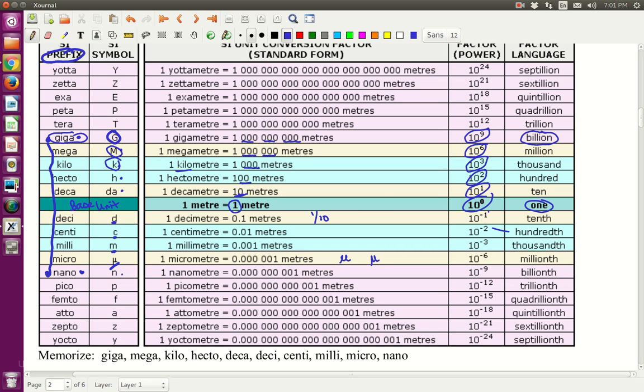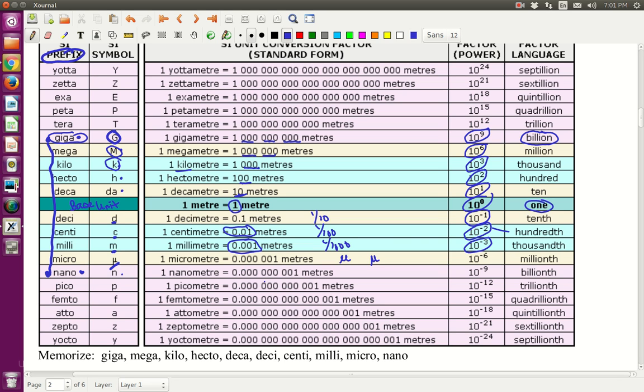And so that's 10 to the minus 1 power. Centi is 100th, or 1 over 100, 10 to the negative 2 power. Milli is 1,000th, 1 over 1,000, so 10 to the minus 3.